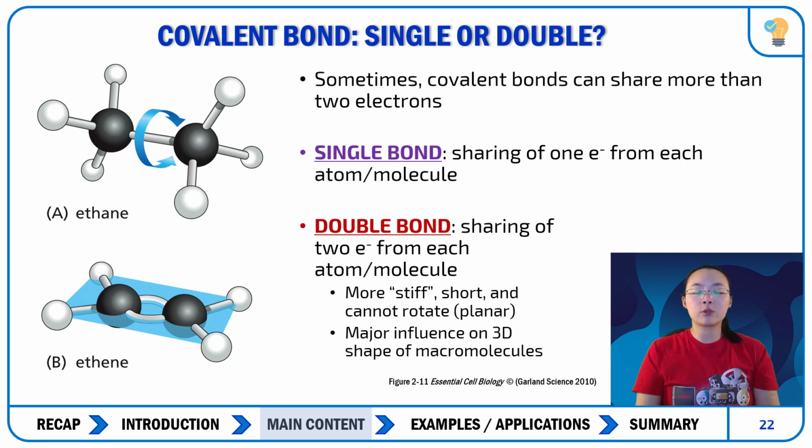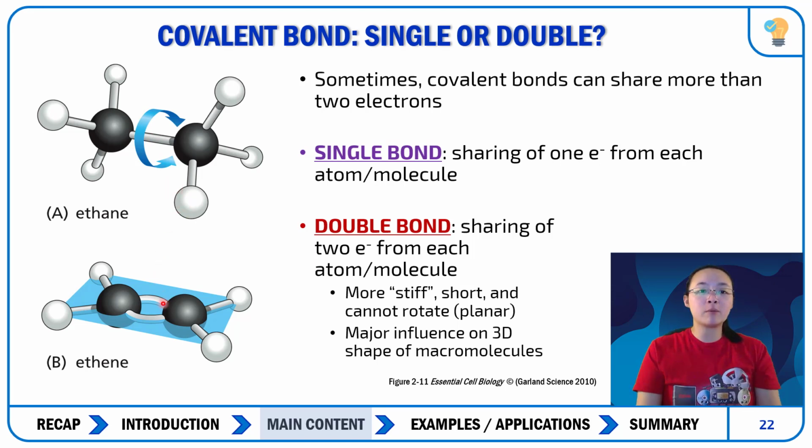So this actually plays a critical role in how flexible a bond can be. So taking a look at these two diagrams here, at the top, this is ethane with a single bond. So if we have a single bond, where one electron is shared from each atom or molecule, basically the assumption is that each side can swivel around this single bond, so there's a high degree of flexibility.